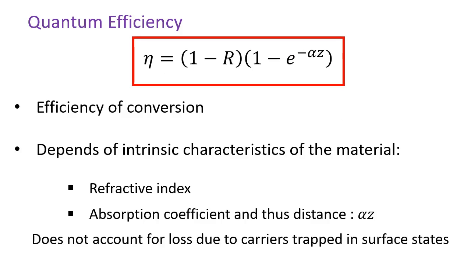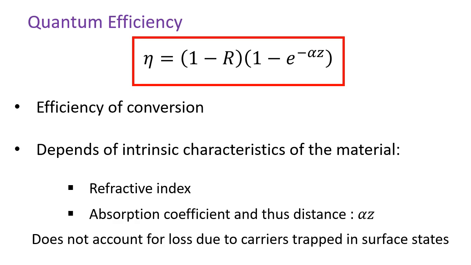Now it essentially relates the efficiency of conversion, that is how well does one convert a single photon into a single carrier. That efficiency is essentially captured by this ratio, as I mentioned, and this is what is called quantum efficiency.